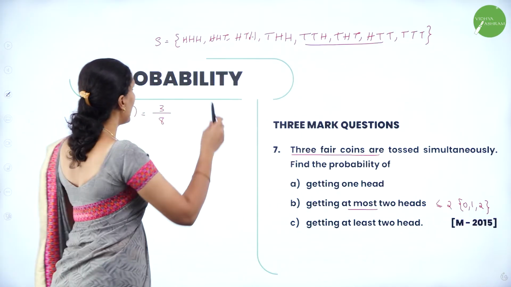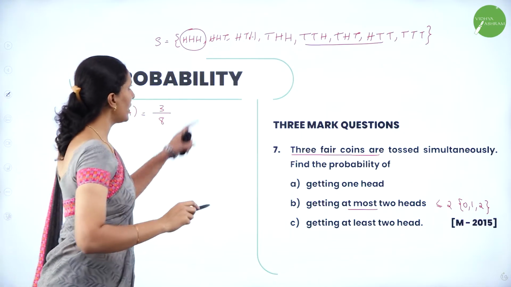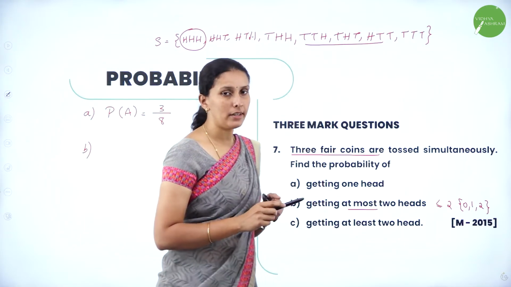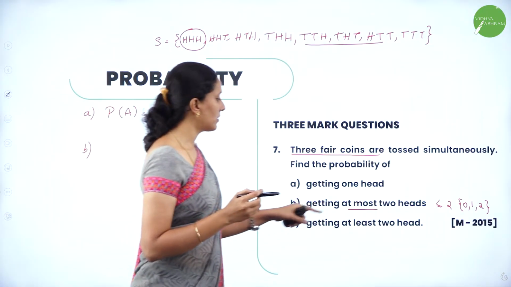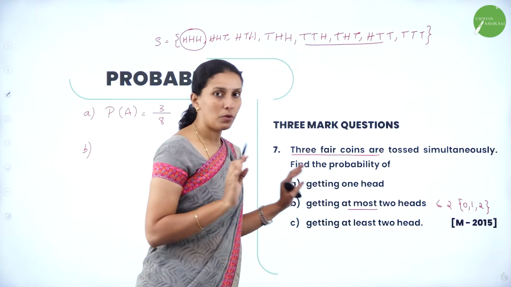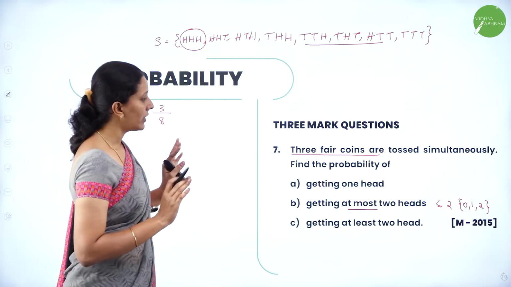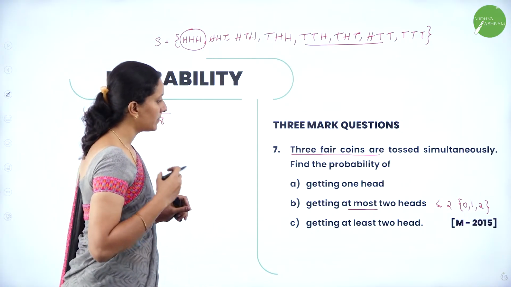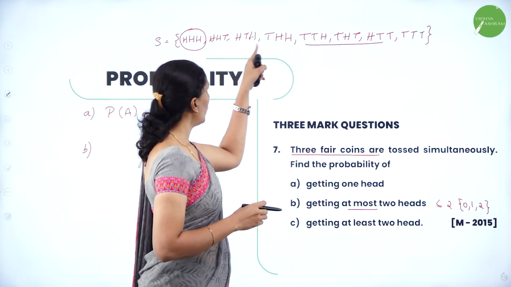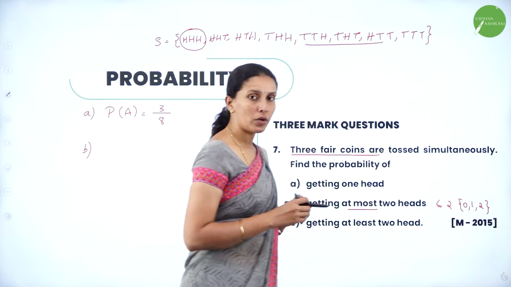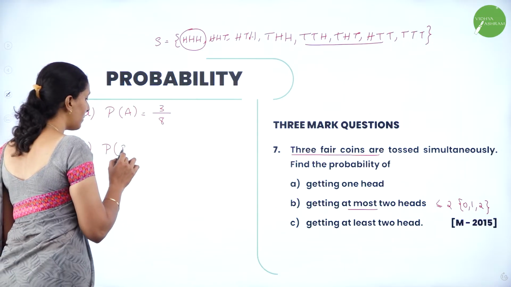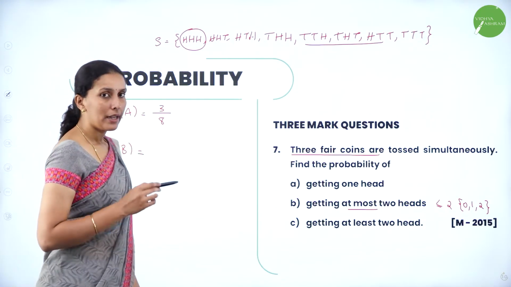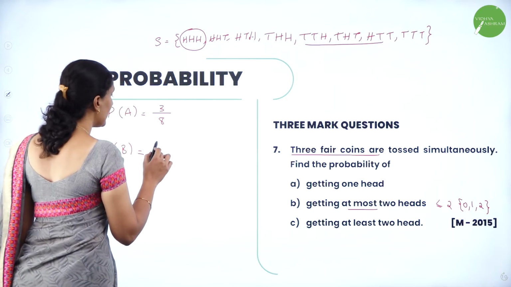So that means except the first one, you can select all the outcomes here, because the first outcome contains 3 heads, which is maximum, and here they are saying that at most 2 heads, that is 2 heads is the maximum you can take. So therefore we can take 2 heads, 1 head and the outcome which contains no head. So therefore the probability of an event B, where B is nothing but getting at most 2 heads, is 7 by 8.